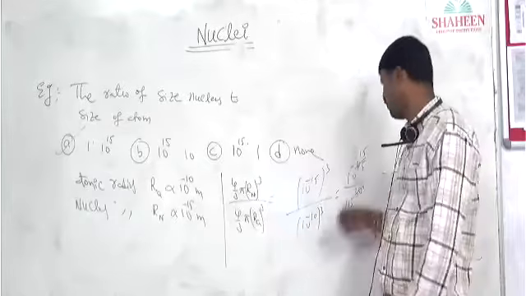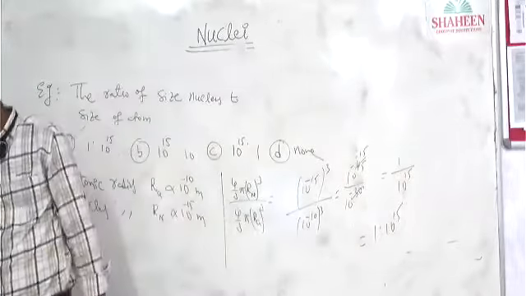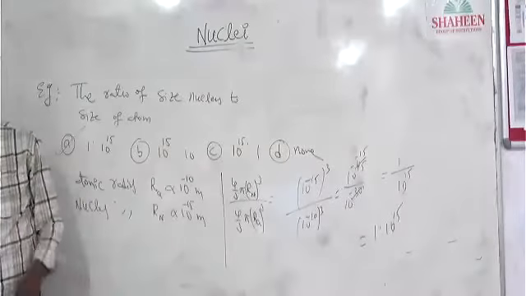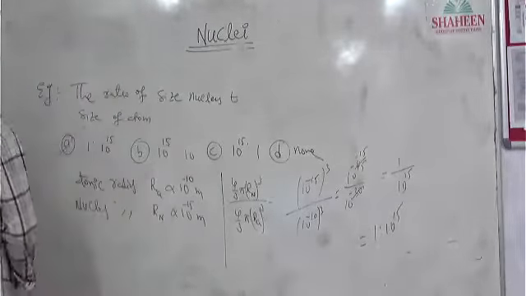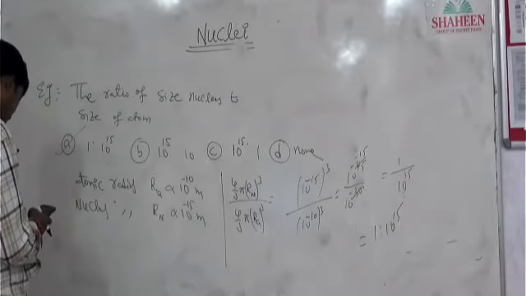So that is 1:10 to the power of 15, size of nucleus to size of atom. Clear? Is this question clear, students?